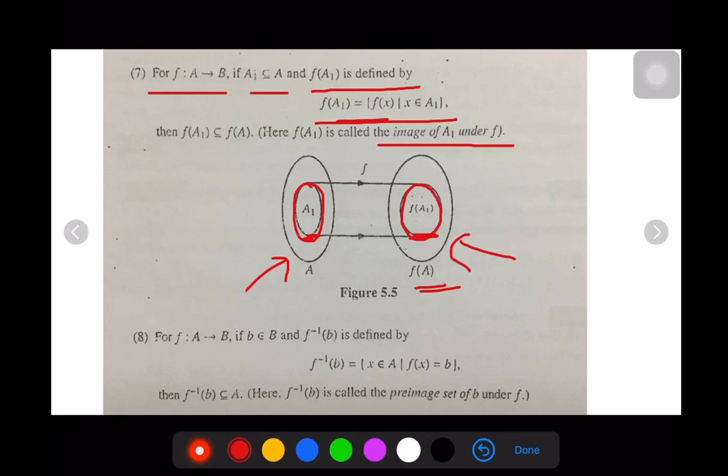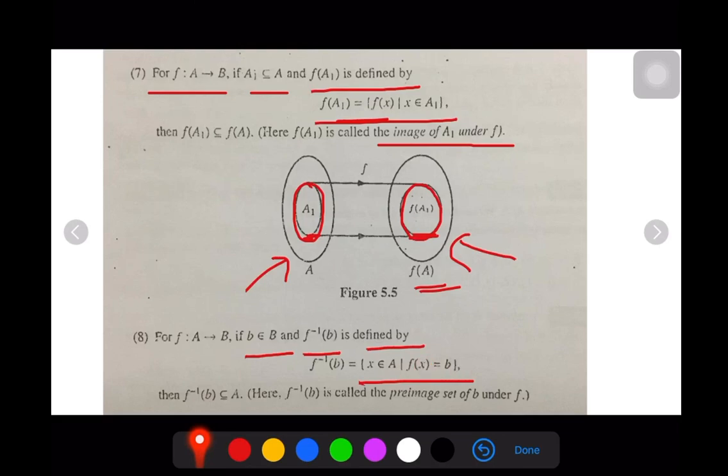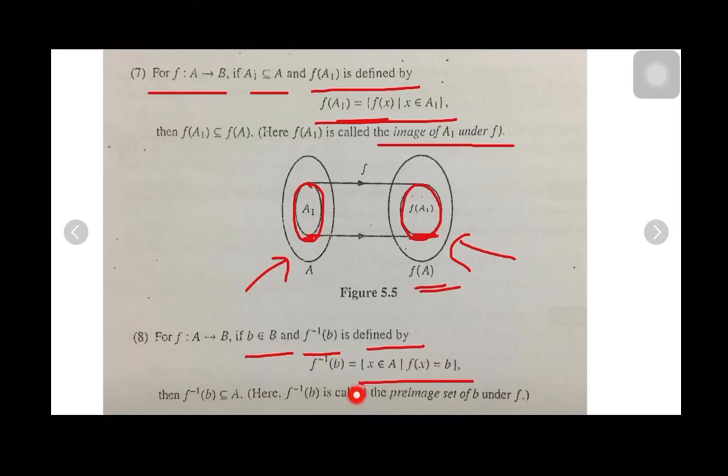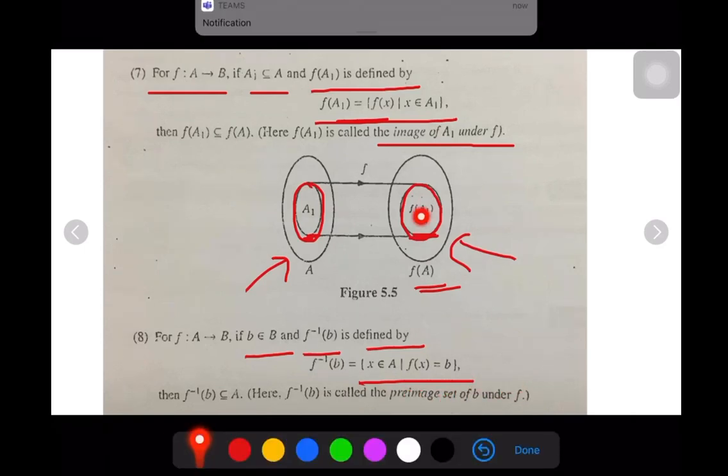For F from A to B, if B belongs to B, then F inverse of B is defined by F inverse of B is equal to the set of all X belonging to A such that F of X is B. That is called the pre-image set of B under F. So here these are all the images and these are all the pre-images of this.